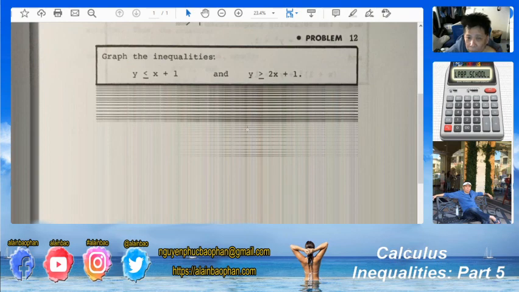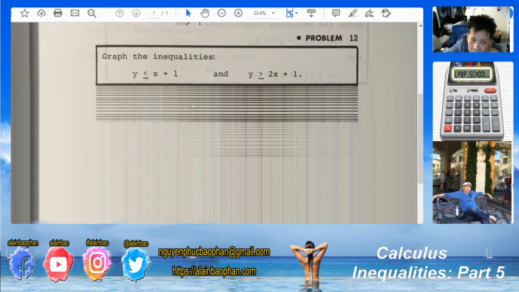Now the solution has to be the intersection, combined with the solution of the other inequality. So we need to graph the straight line y equal 2x plus 1. Similarly, x equal 0 and y equal 1 is also the point here.